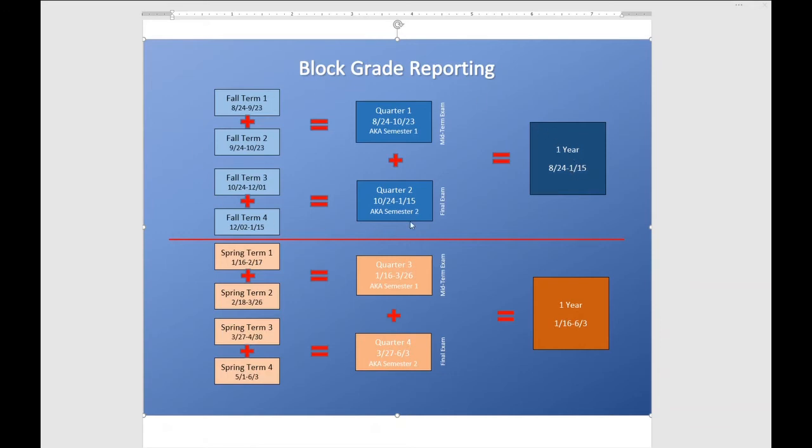So this is what it looks like. If you're going into Focus and looking for grades, you're going to want to look under fall terms. Fall term 1 is the grading cycle that we just completed. Fall term 2 is the grading cycle we're currently in. If you go to quarter, you're only going to see a percentage of your student's overall grade, because this is organized in such a way that it's 40% of this term, 40% of this term, and then 20% of the exam grade.